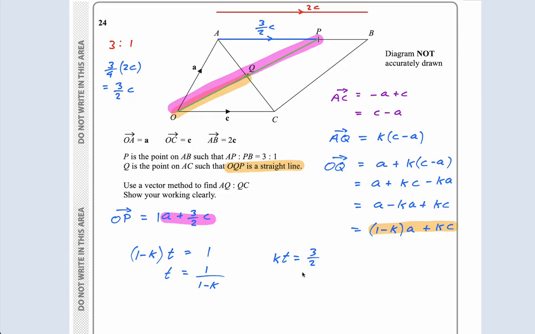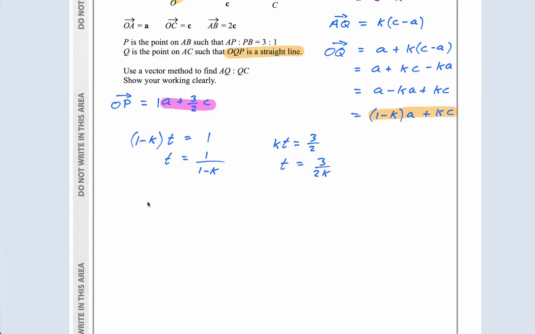Okay, rearrange here. t is equal to 3 over 2k. Right. Now, I'm going to equate these two to find k, because the multiple, as I said, is the same. So these are the same thing. So that means 1 over 1 minus k equals 3 over 2k.